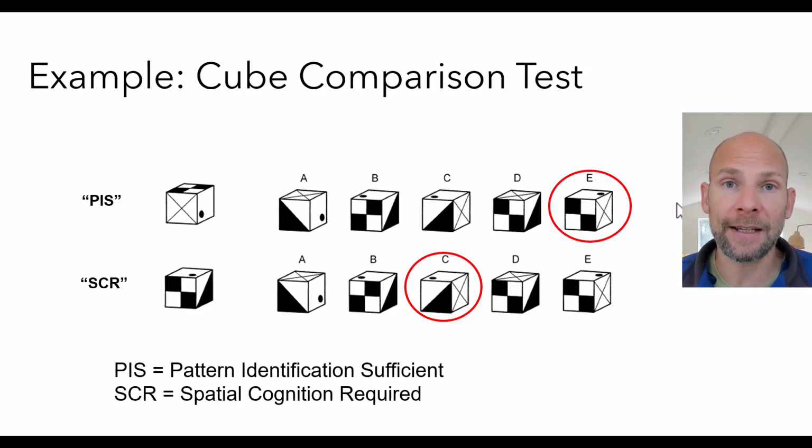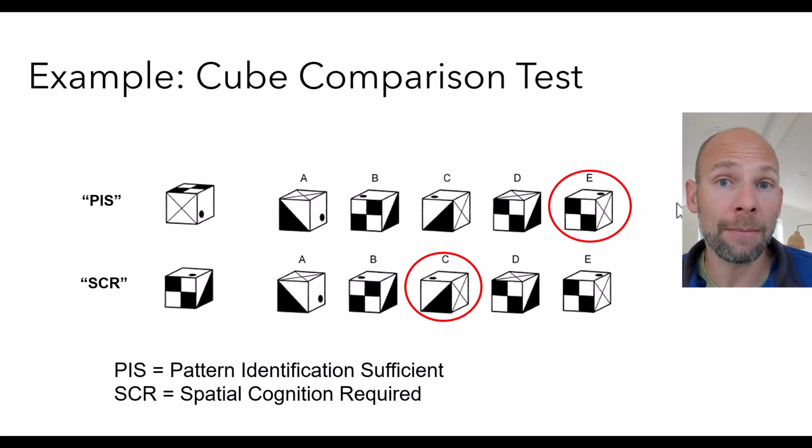So the second type of item requires you to use some sort of spatial strategy, or is at least thought of as requiring that. So it can't be solved with a pattern identification strategy. You would make systematic mistakes if you used a pattern identification strategy for the second type of item, and you wouldn't find the correct solution here.